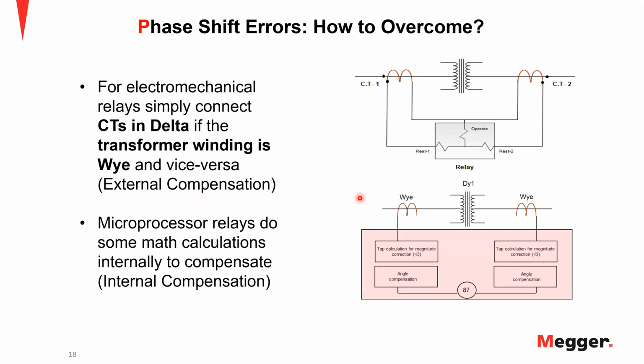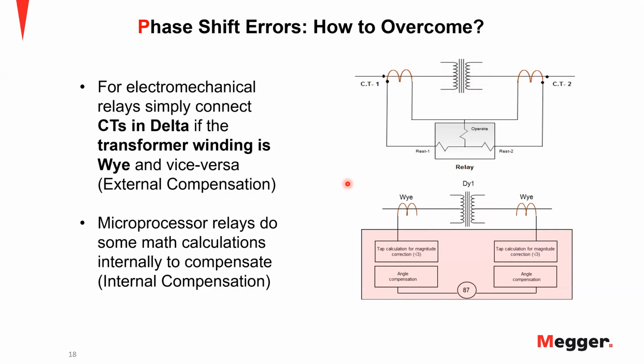For electromechanical relays, what we can do is work with the CT connection type. We can use the CT connection as a delta on the Y side of the transformer and vice versa. The delta effect on the CTs and the windings of the transformer will have a 30-degree effect coming in on both sides because we have used those types of CT connections.